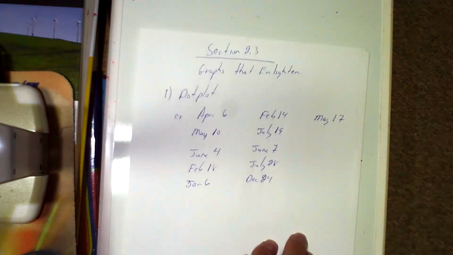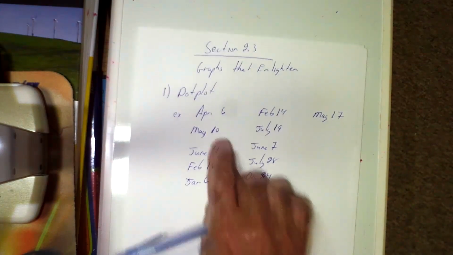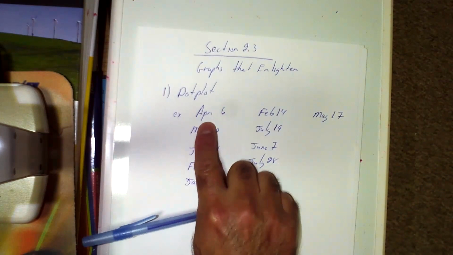And we want to do a dot plot just based off of the months that the students were born in.